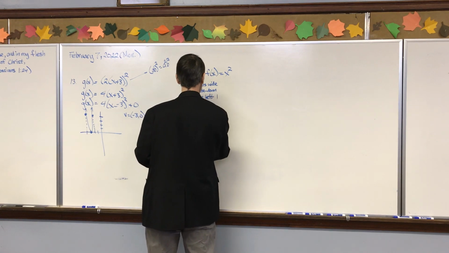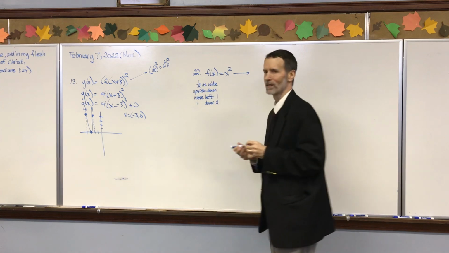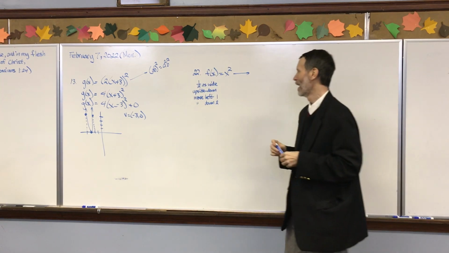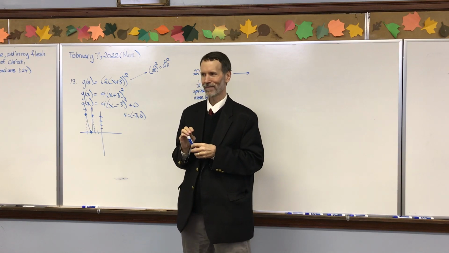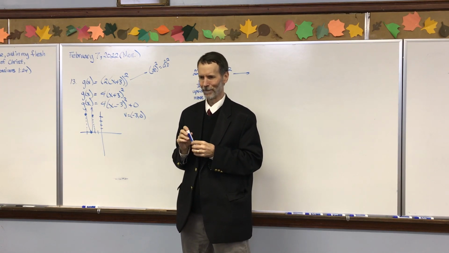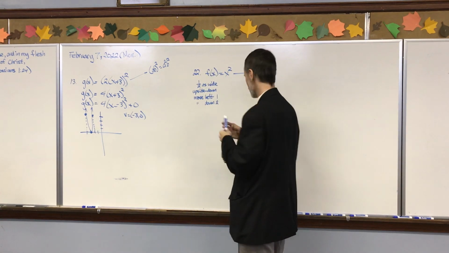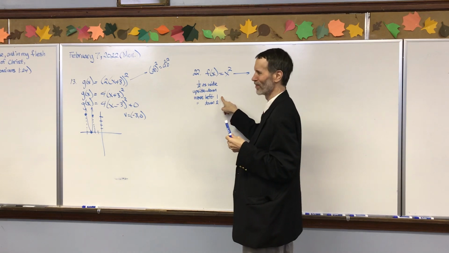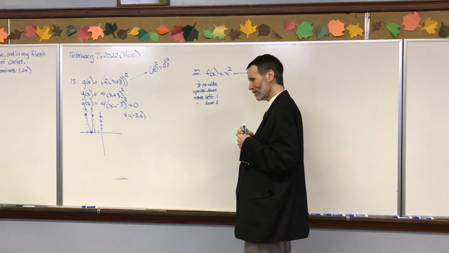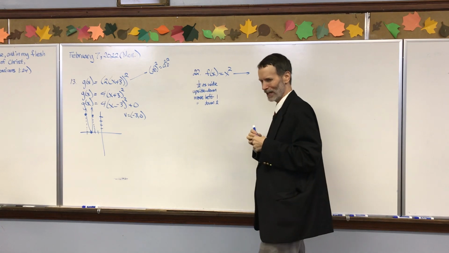And then move down 2. How do you move things? Addition or subtraction. What if I want to move it left 1? Add 1 to the input or the output?